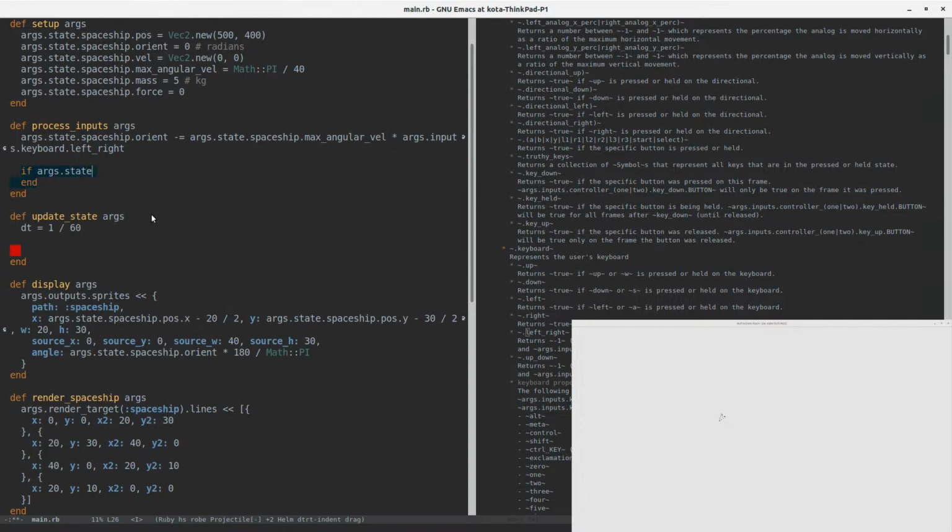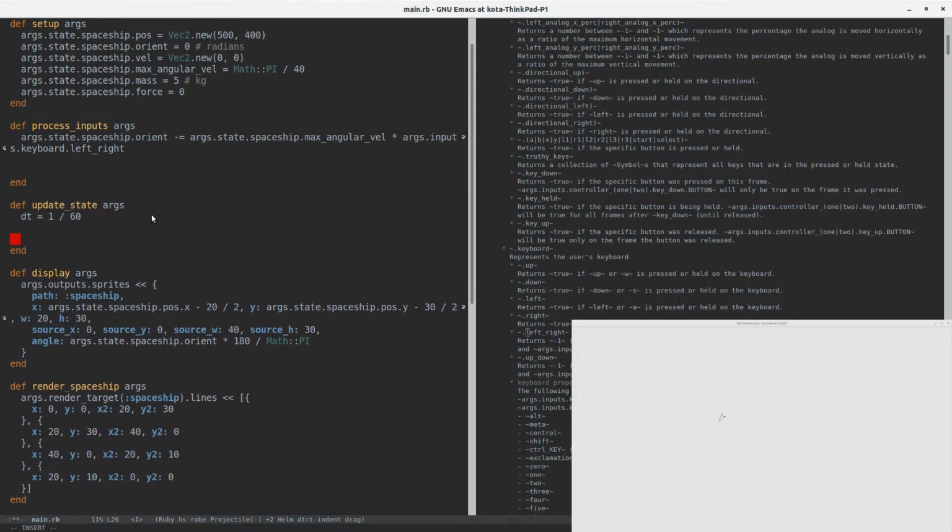If I type in rx.state.spaceship.force equals rx.inputs.keyboard.up, then presumably this will give me a 1 or a... Oh no, this does not return false, right?